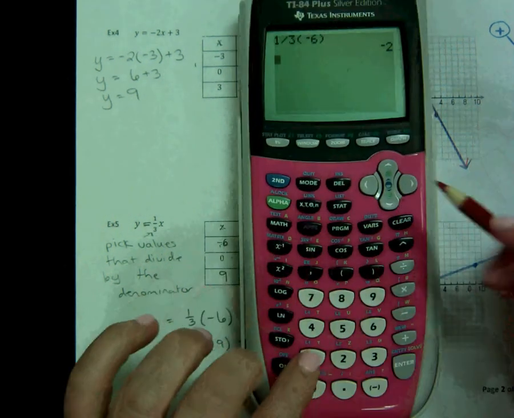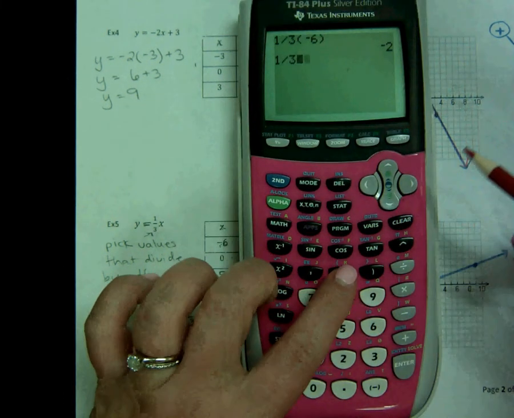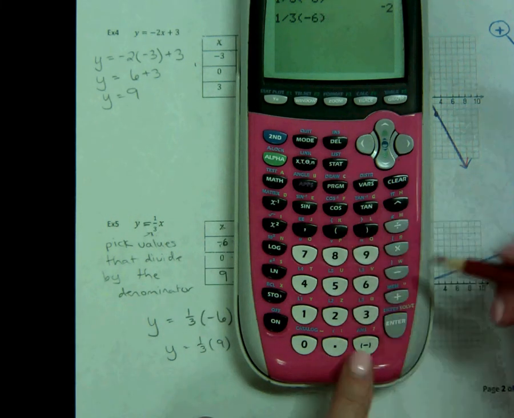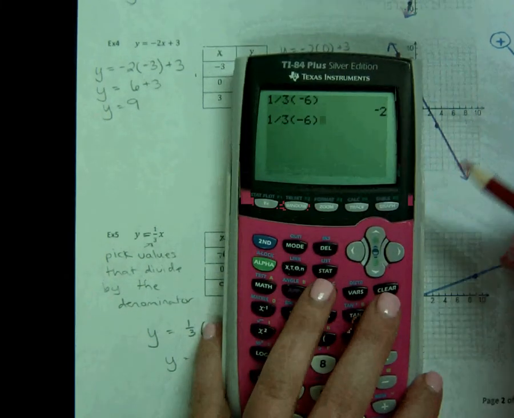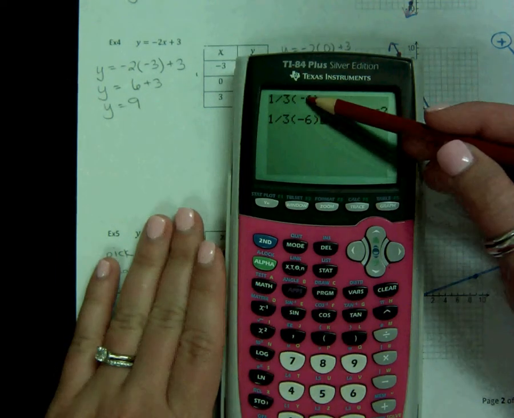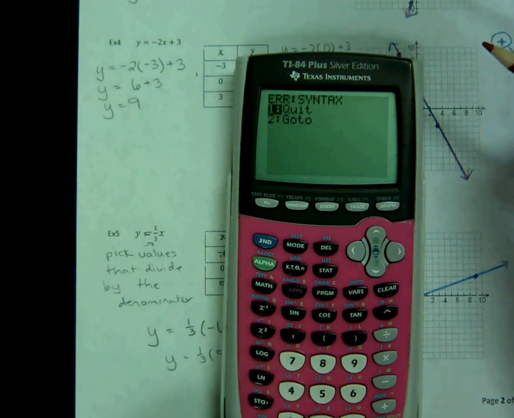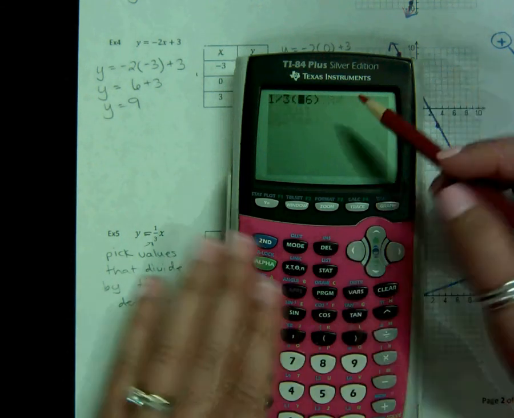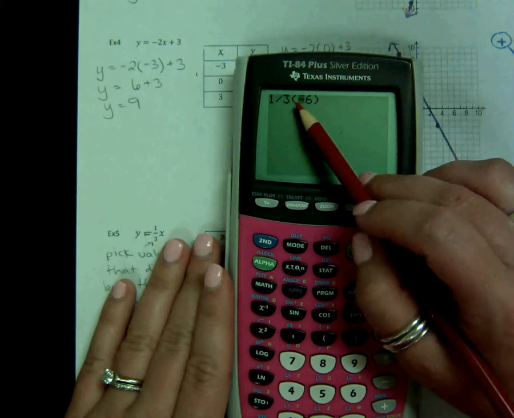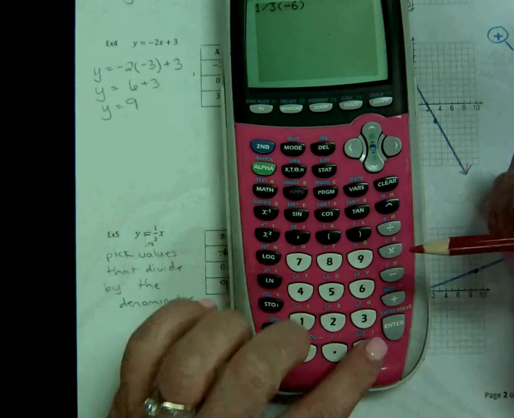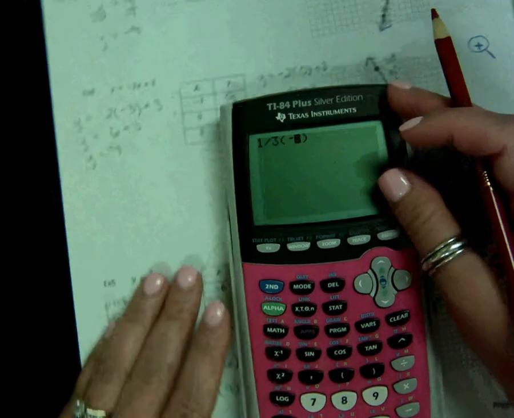If I were to type in 1 divided by 3 and then type in the subtraction minus 6 instead of negative 6, you'll notice in the calculator the negative is a little bit smaller and the minus is bigger. That's going to give me an error because it's trying to subtract from nothing. So it doesn't like you to use the subtraction symbol when you mean negative. So make sure you know the difference between those two.